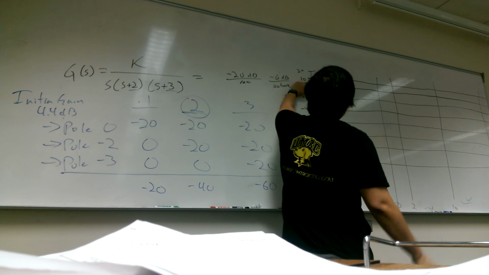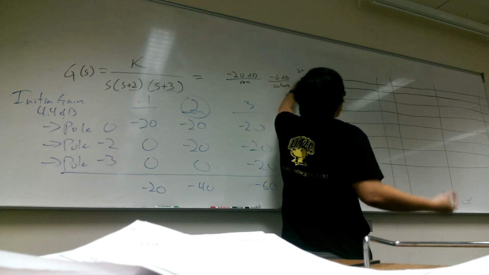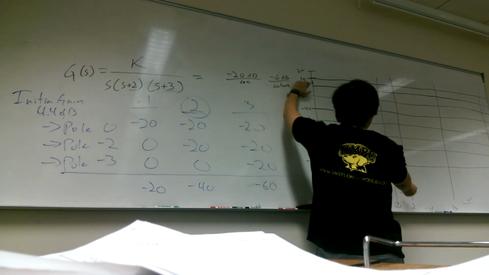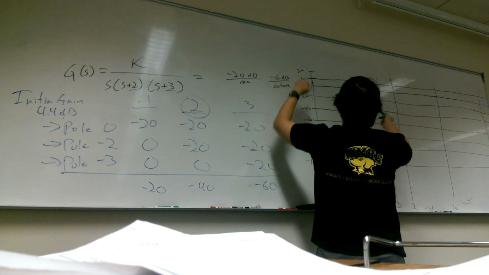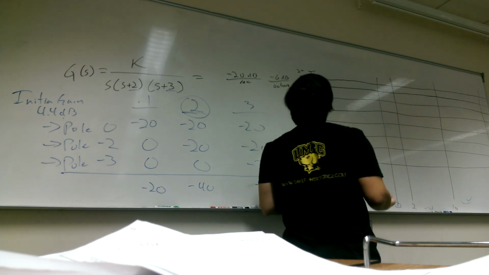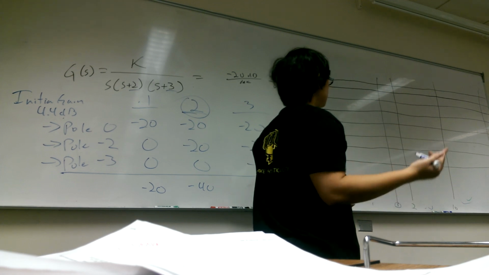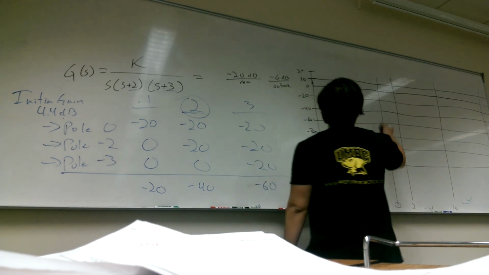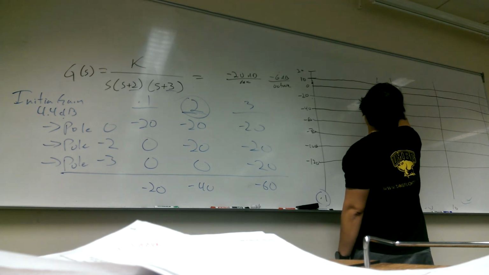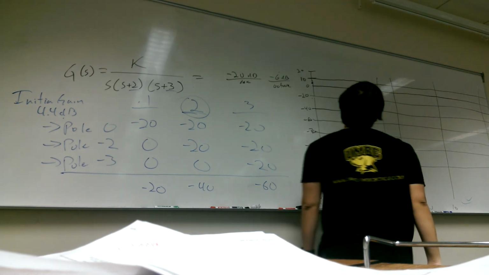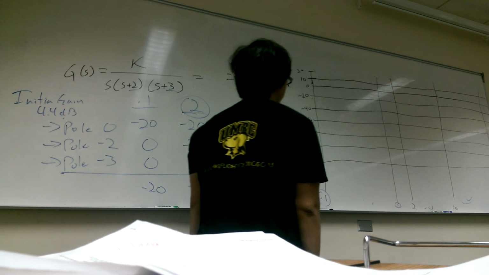You can use a slip of paper or a ruler and draw another point at 1 that's 20 dB lower. So what's 4.4 minus 20? Negative 16. So let's say negative 16 is around there.